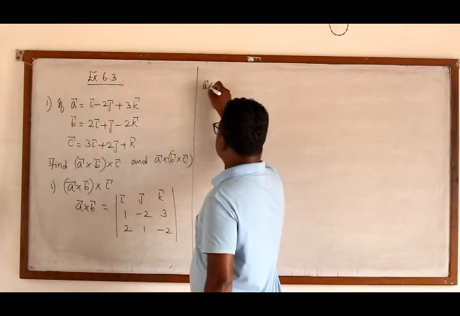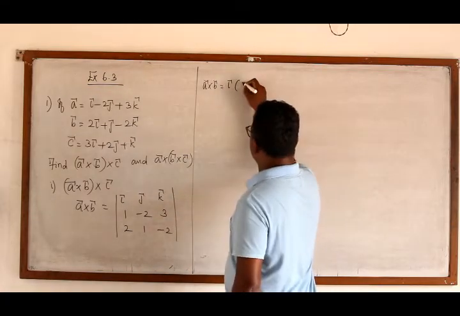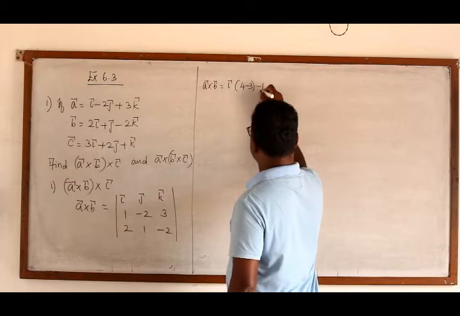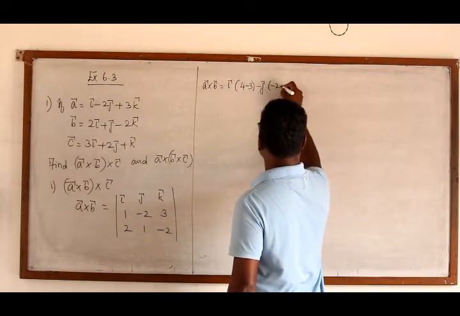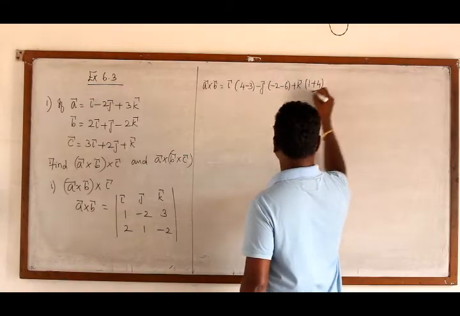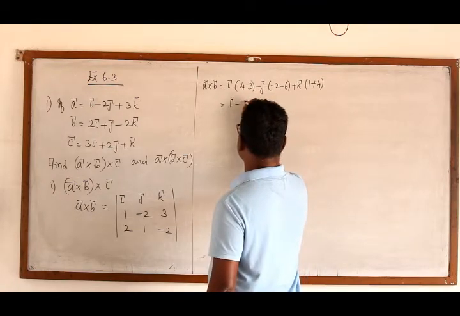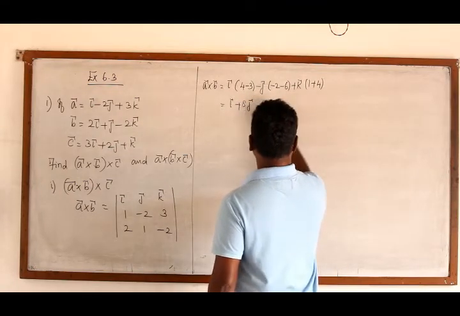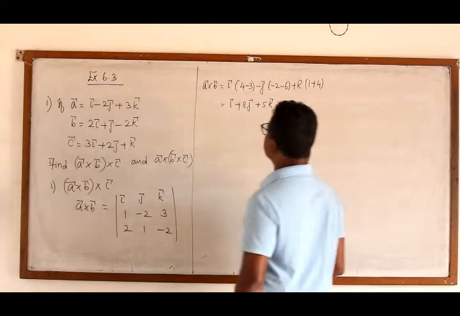So A cross B equal to i into (4 minus 3) minus j into (minus 2 minus 6) plus k into (1 plus 4). So it is 1i plus 8j plus 5k. This is A cross B.